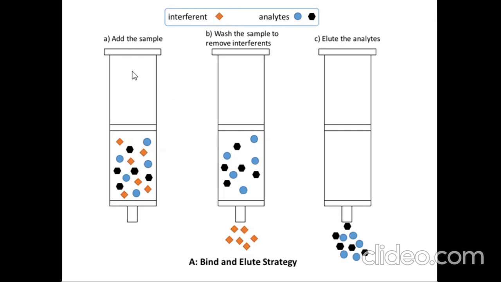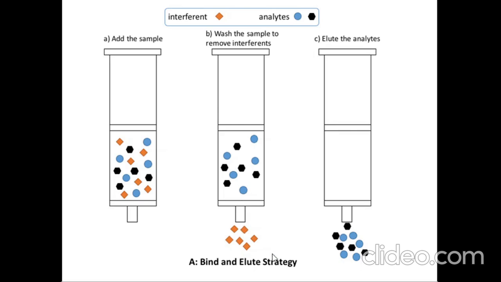So what you do, you add the sample. Now this is the sorbent bed. In the bind and elute strategy, only the analyte binds to the sorbent bed because of some forces acting between the sorbent material and the analyte molecules. They are all weak forces. And the interferents, since they cannot bind to the sorbent, are eluted out.